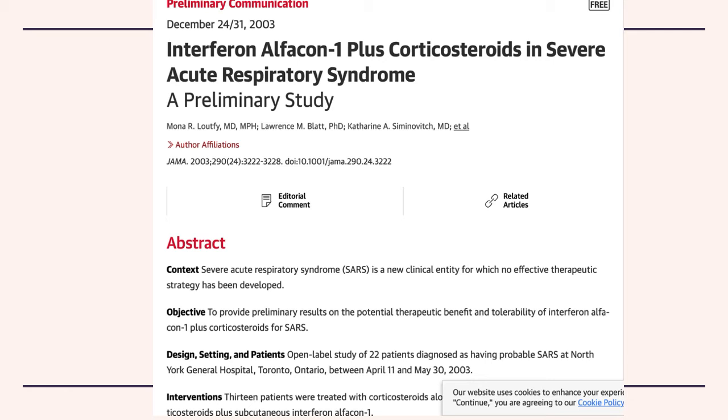One was published in 2003 in JAMA, and this study was trying to find whether interferon used in combination with steroids has a benefit in patients infected with the SARS virus. The study was done on a very small number of patients, only 22 patients, in Toronto, Canada.